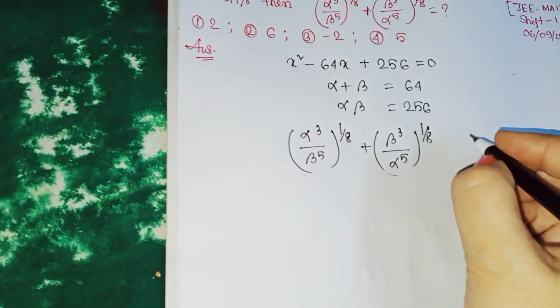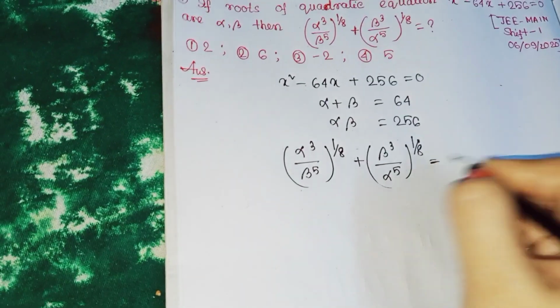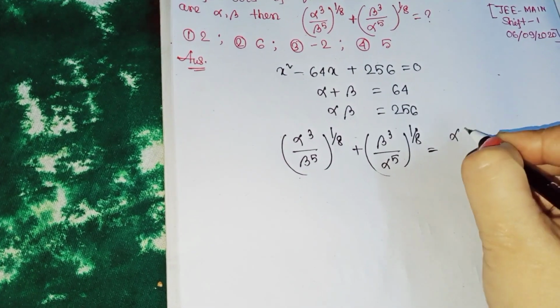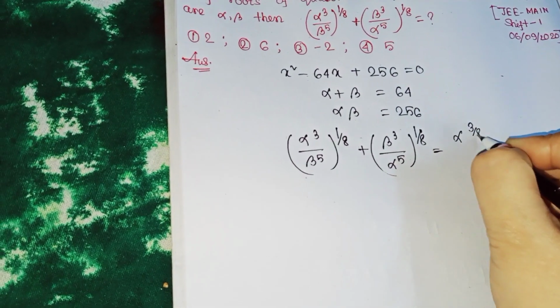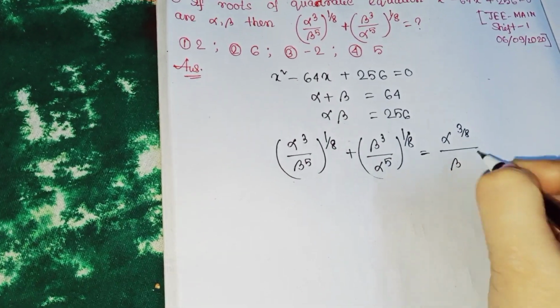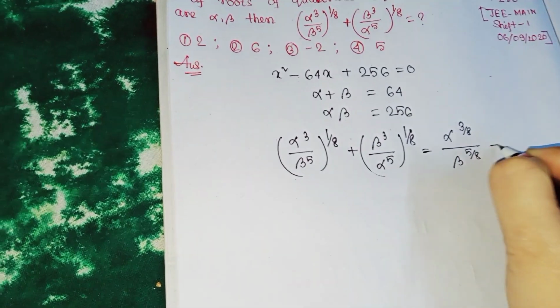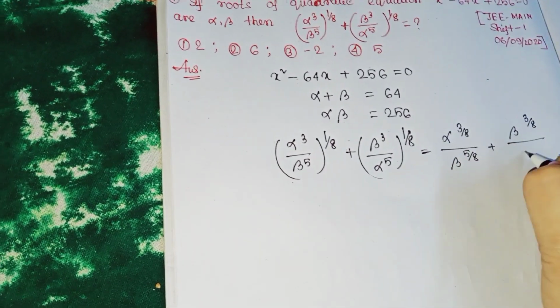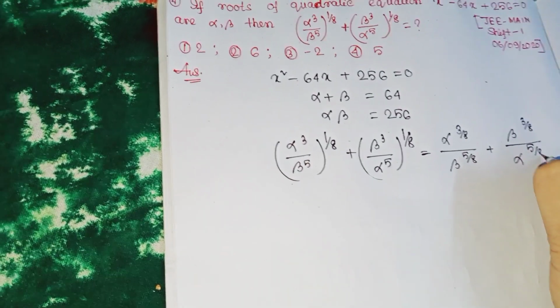Now break this expression power wise. So we get alpha to the power 3 by 8 divided by beta to the power 5 by 8 plus beta to the power 3 by 8 divided by alpha to the power 5 by 8.